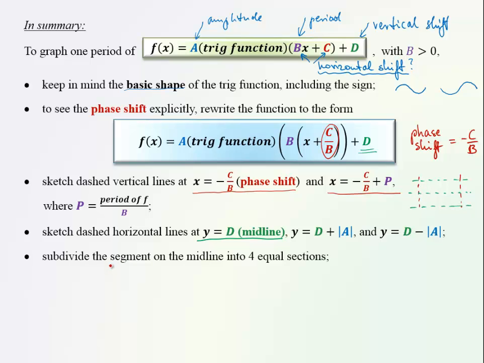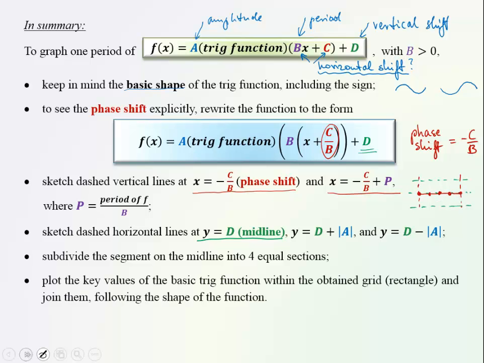And in the following step, we should subdivide the midline segment, this segment, into 4 equal sections. So cut it in half and then cut it in half again. So 4 equal sections, those will be your future quadrants. Finally, we need to plot the key values of the basic trigonometric function, which was stated here, within this basic rectangle.